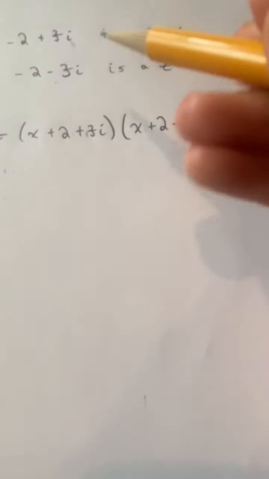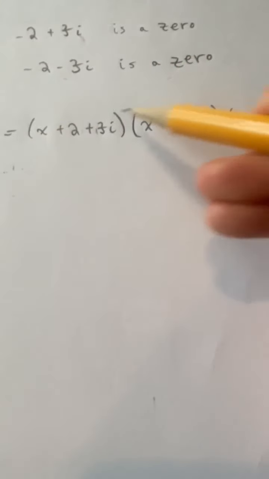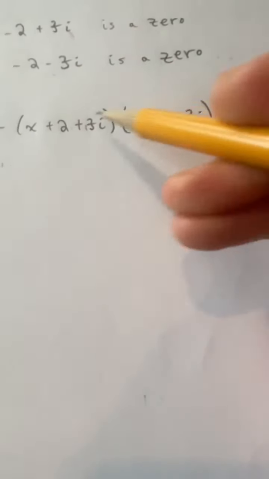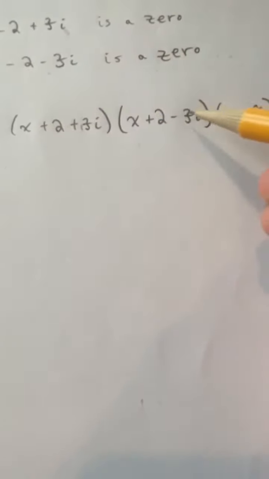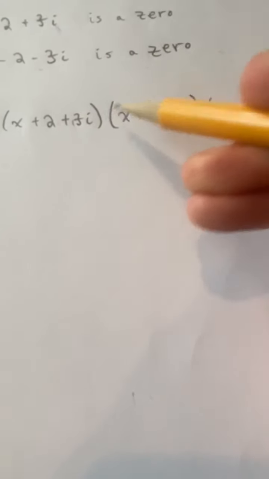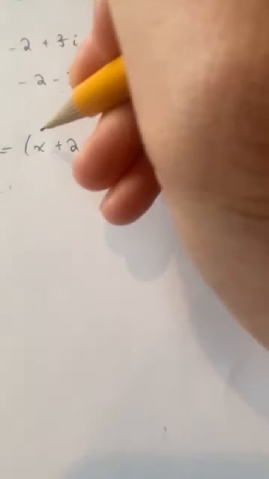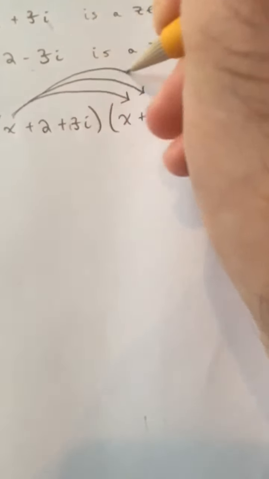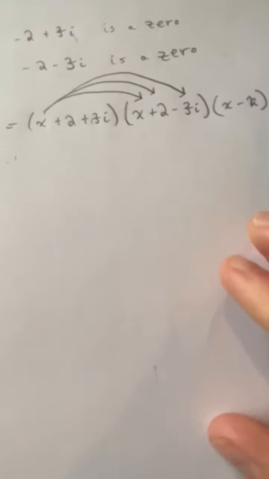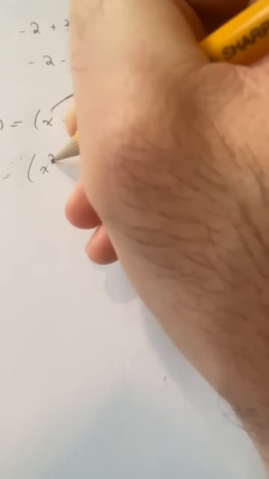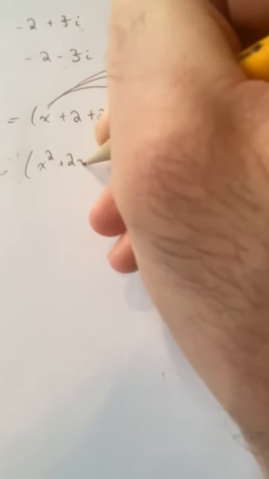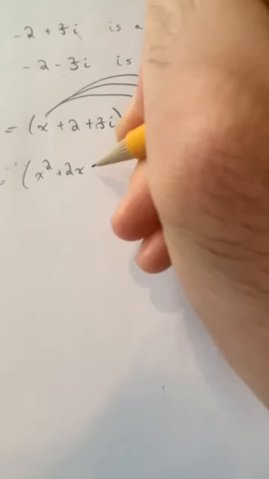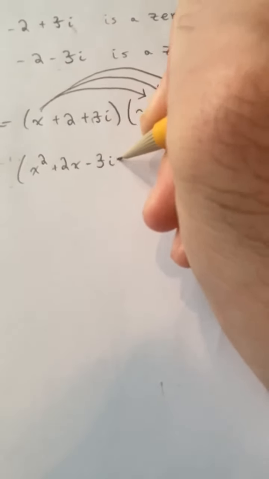The way that we do that is we want to distribute and figure out what the quadratic factor of this polynomial is. When you have trinomials, you can FOIL, just like with binomials, it just takes a little bit longer. So we'll wind up with x squared plus 2x minus 3ix.